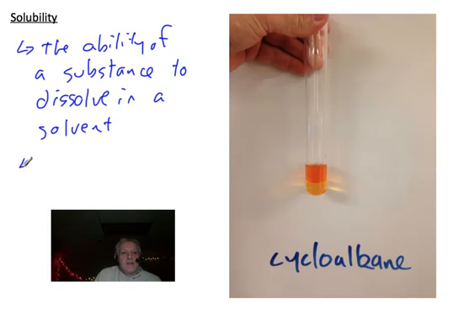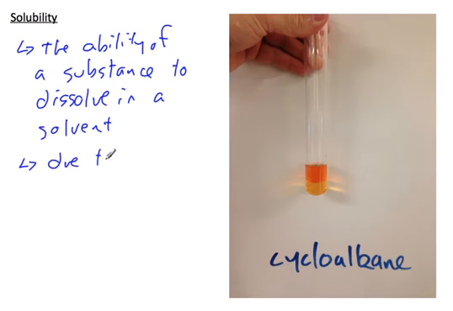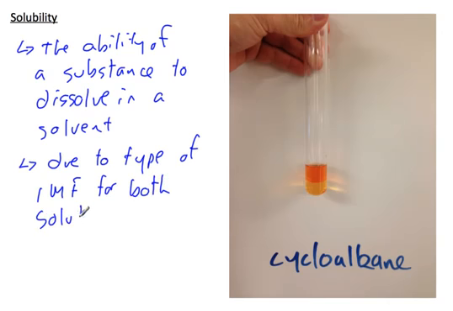And it varies because of the type of intermolecular forces, and that is for both the solute and solvent. And you've heard this term like dissolves like. And that really nicely sums up sort of why things are more soluble in certain substances.